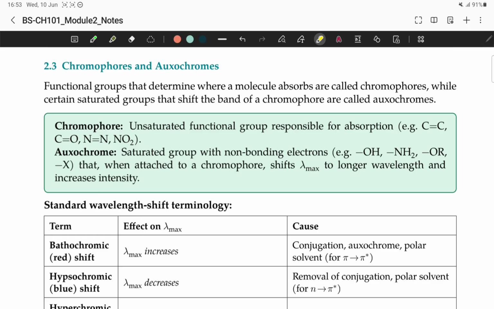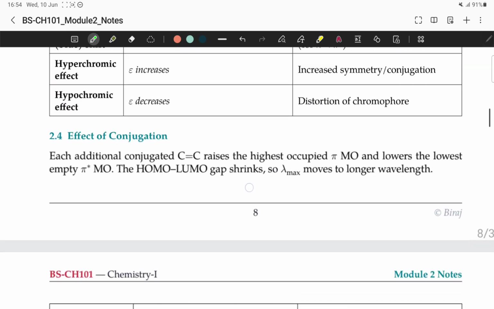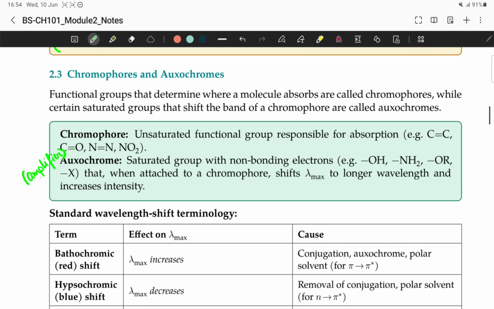It acts like an amplifier. Okay, I'm writing this word, I love this word for auxochrome: amplifier. It acts as an amplifier. These are the saturated groups containing lone pairs.